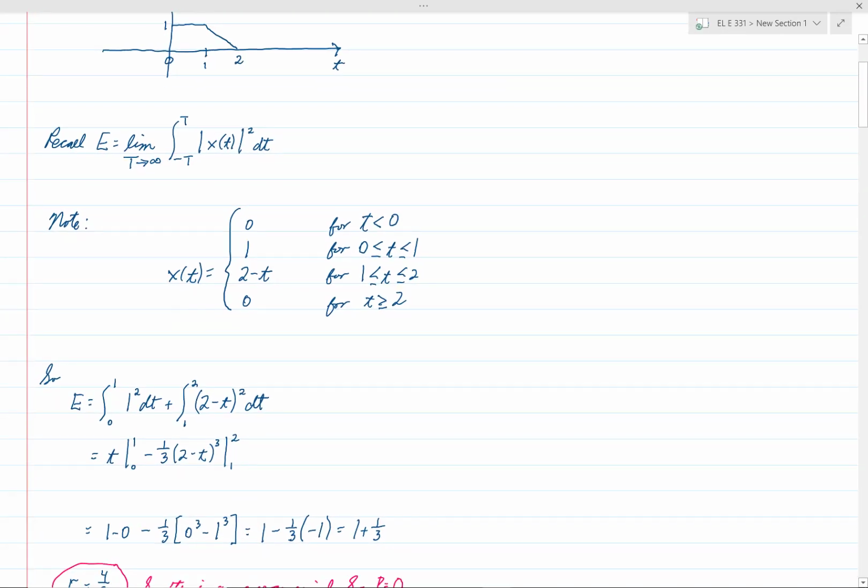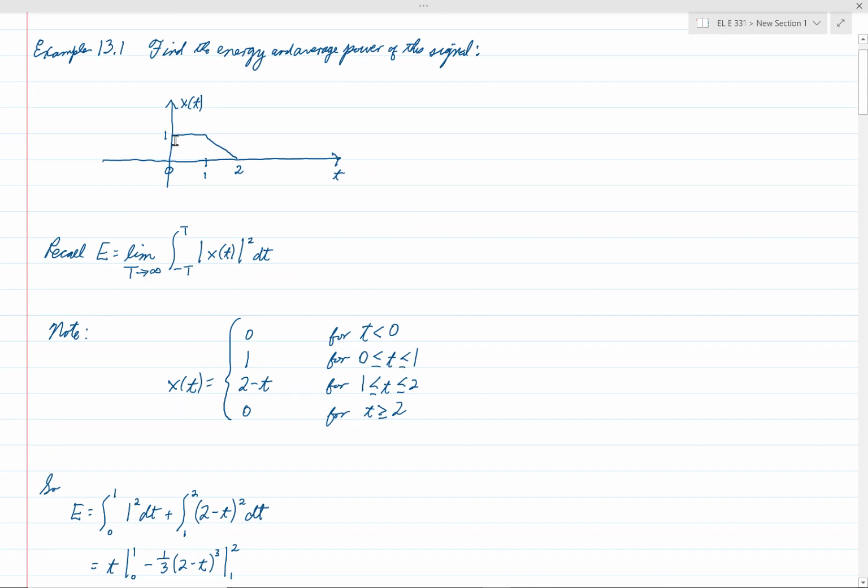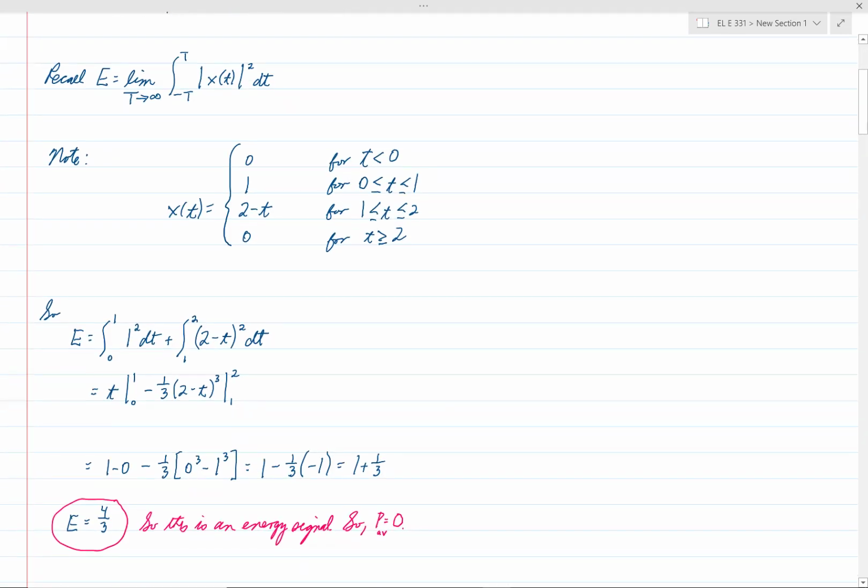And then, since that is the expression for x of t, this integral just becomes, all we have to do is integrate from 0 to 2. That's the only region over which this function is non-zero, between t equals 0 and t equals 2.